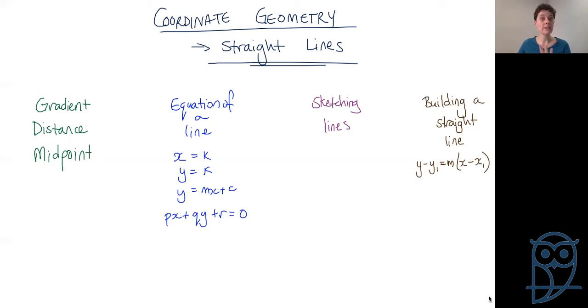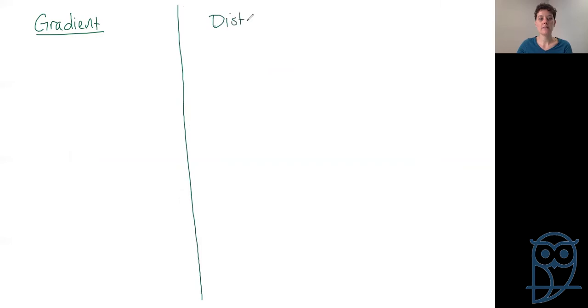So starting off with gradient, distance, and midpoint. So we have gradient, we have distance, and we have midpoint.